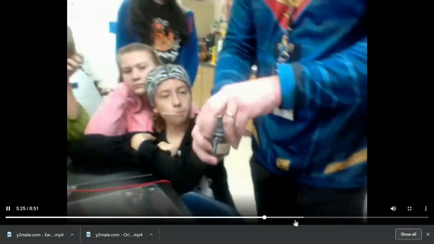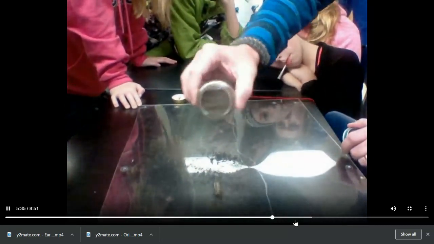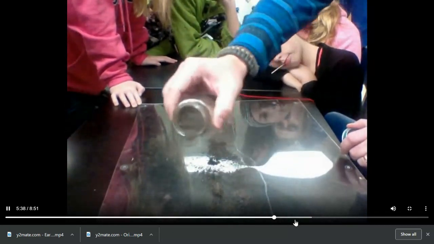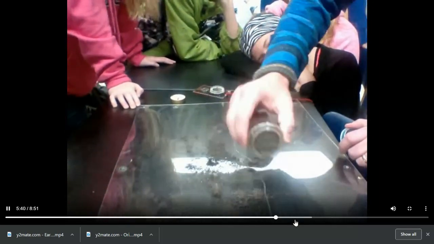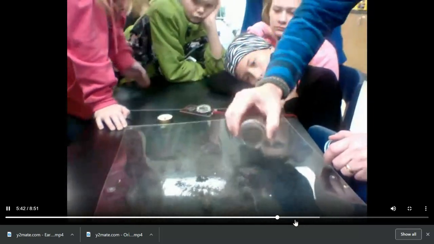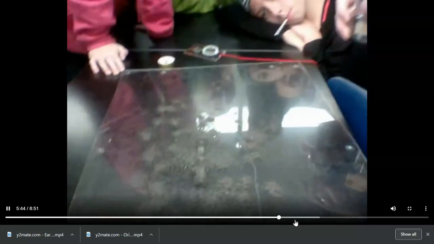Now, we can see the magnetic field. It's an invisible field, right? This is iron filings, but if I put this powder on here, I can see where the magnetic fields are.